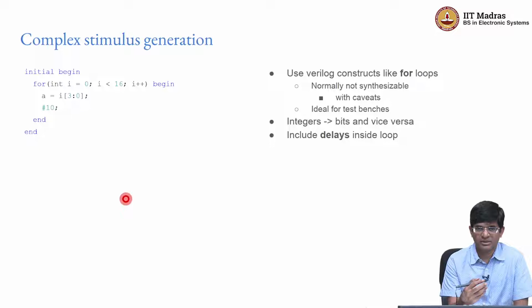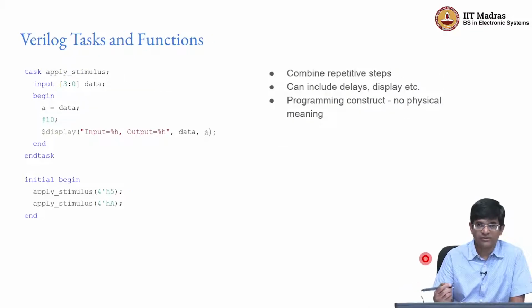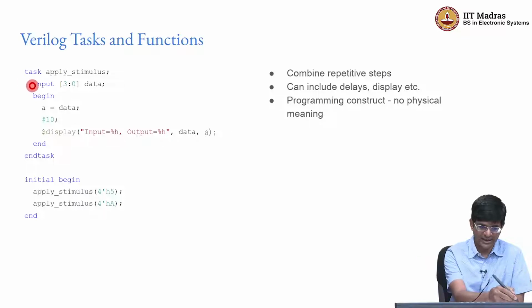That's really where the power of a language like Verilog being used in the context of a test bench comes in. Alright, so Verilog has this notion of tasks and functions. Let's take a brief look at what those correspond to. This is just like how we would use a function in C to modularize code. If we have something which is going to be repeatedly done, we define a function for that so that we can use it more easily. In the same way, we can have a task which can apply a stimulus.